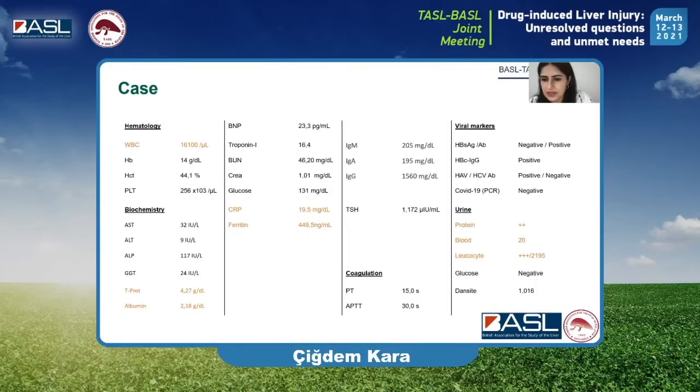In this table, we see the laboratory results of our patient. Acute phase reactants are increased and leukocytosis is present. We see that there are plenty of leukocytes in the urine analysis, and serologically he is immunized for hepatitis B and hepatitis A.